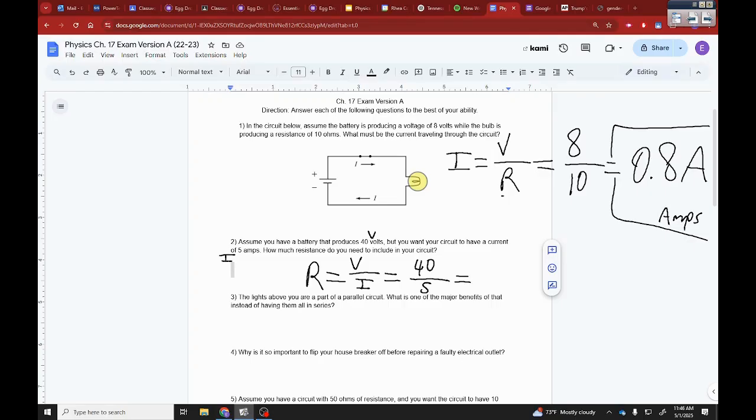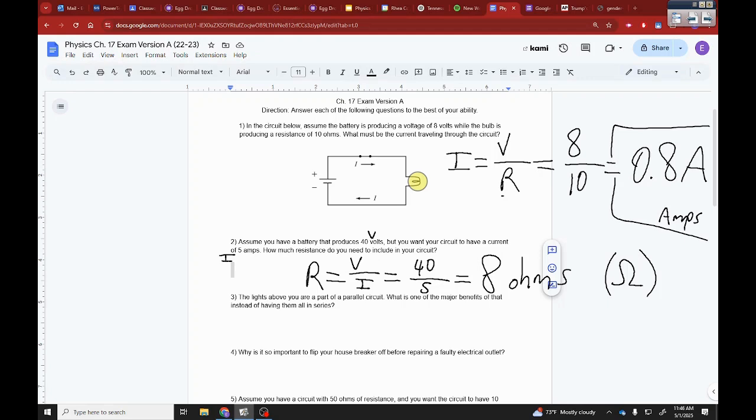What's that give us? I believe that's 8. Got another 8 on the board. 8 ohms. Or if you want to be fancy, you can write that as an omega symbol, but I'm bad at drawing the omega symbol, so I kind of just like to write the word ohms.